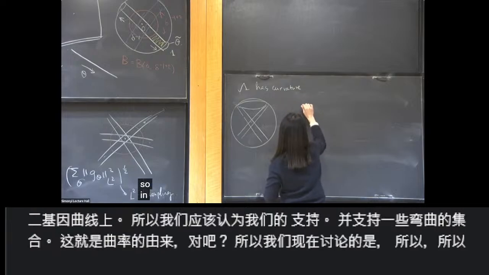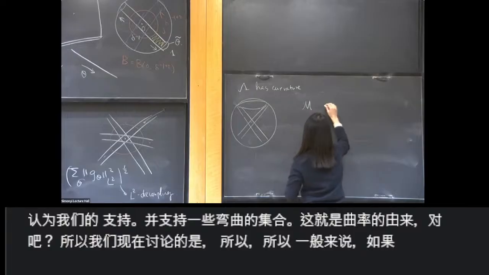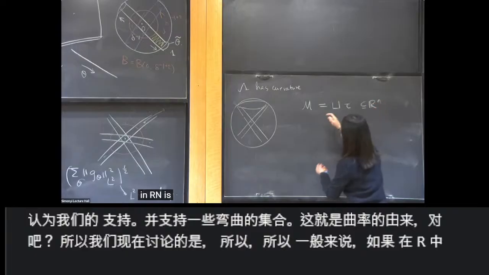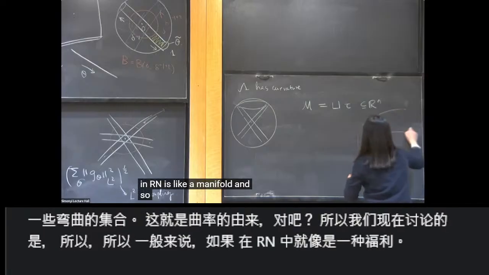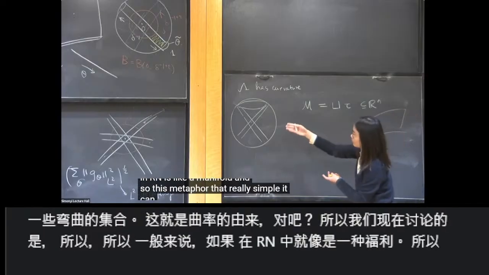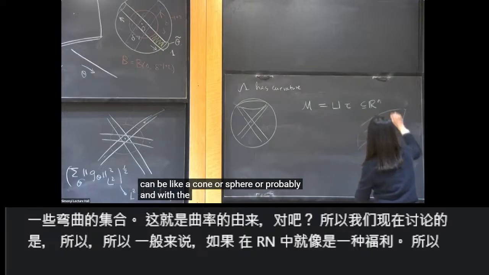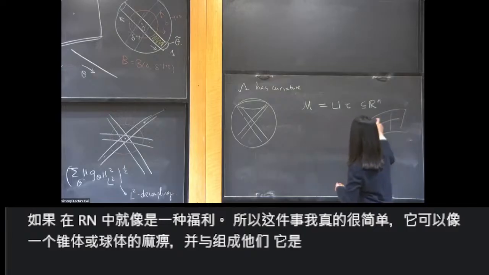So in general, if M in Rn is like a manifold, and those manifolds are really simple, it can be like a cone or sphere or paraboloid, and we decompose it into a disjoint union of taus.